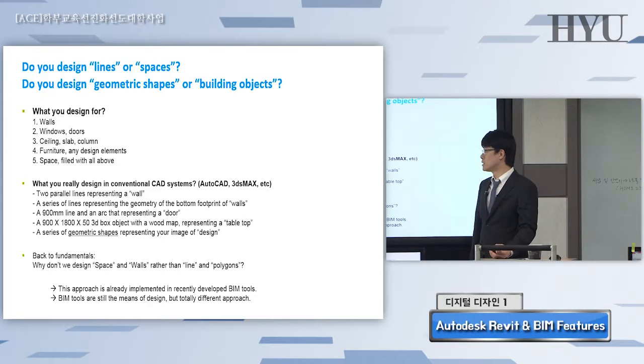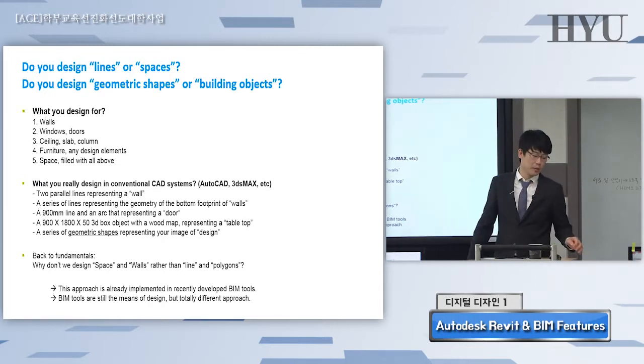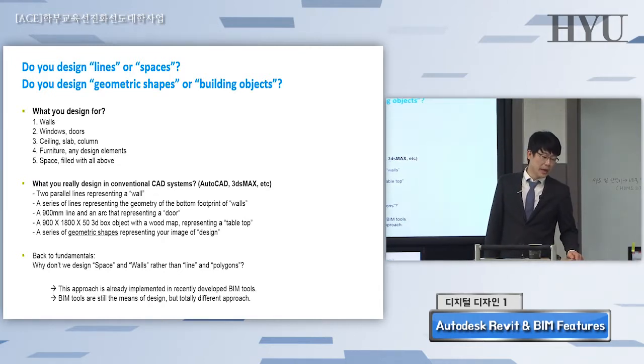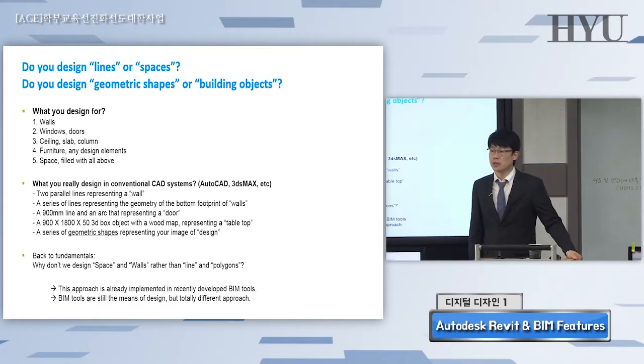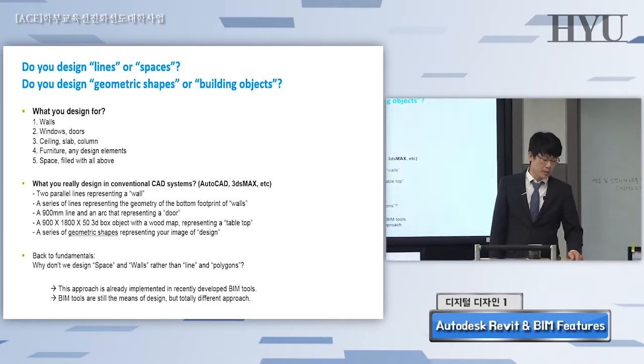That's my recently developed approach regarding BIM. And I told you that it is eventually the same as the approach of some modern architects around 100 years ago, and the BIM tools approach is eventually the same. That's my point.